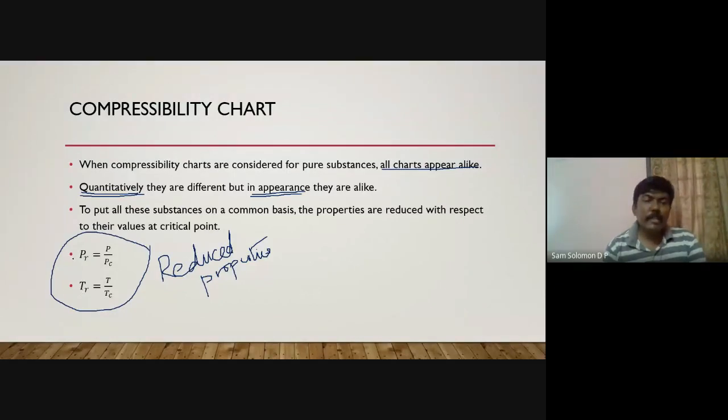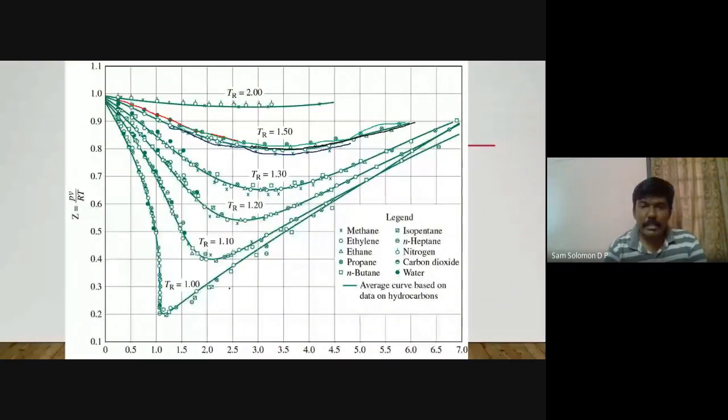When they used these values, you can find here, reduced pressure is on the x-axis, and TR is the reduced temperature used for different curves. So TR equal to 1, 1.1, 1.2, 1.3, 1.5, and 2. When they do that, they are able to get the curves very close.